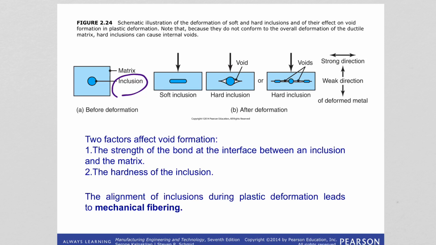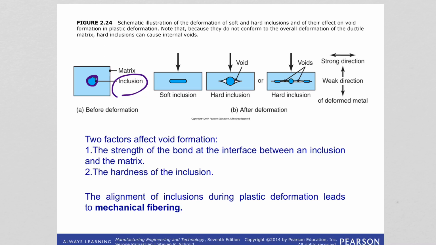First, what are the factors that are controlling the void formation, basically? One thing is the strength of the bond at the interface between the inclusion and the matrix. Okay, so if this bond is strong, then there is a lower tendency for void formation during deformation.